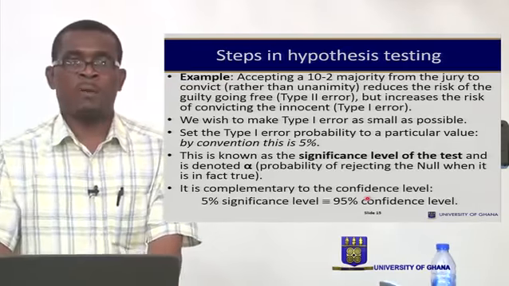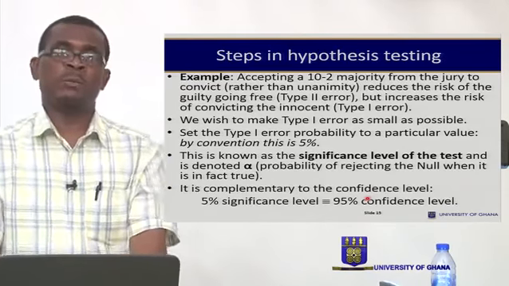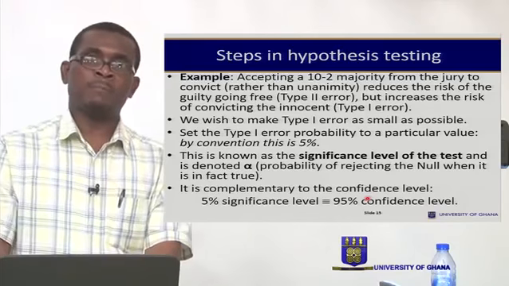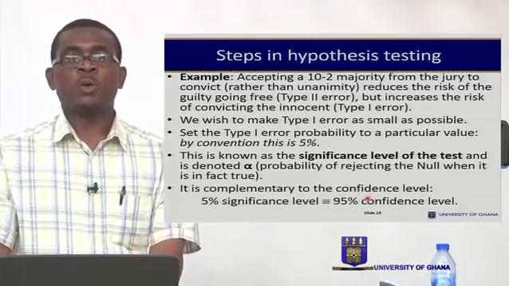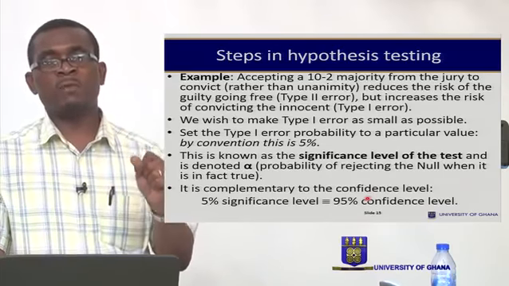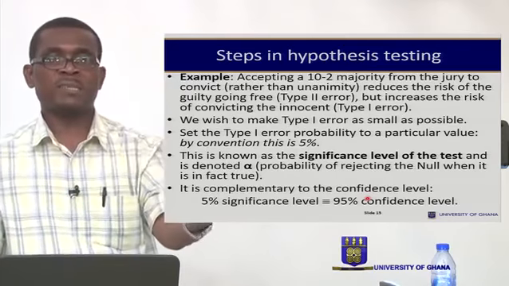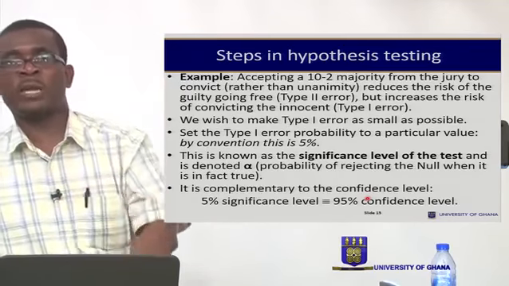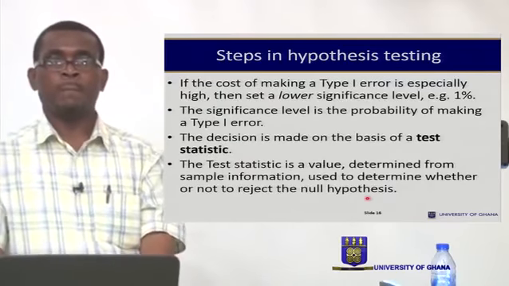That is type 1 error, right? And we want to minimize type 1 error. It seems to be more serious, right? Convicting the innocent, right? Now, the significance level is complementary to the confidence level. So a 5% significance level is equivalent to a 95% confidence interval. Okay?